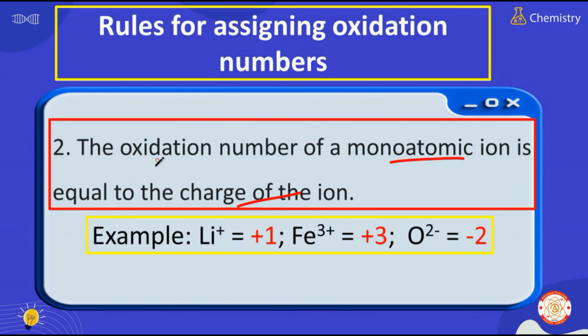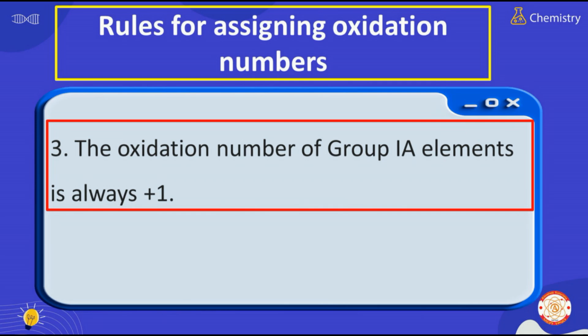For example, let's take lithium. Lithium has a charge of +1. Hence, its oxidation number will be +1. Iron +3 has an oxidation number of +3. O2- has an oxidation number of -2, and so on.